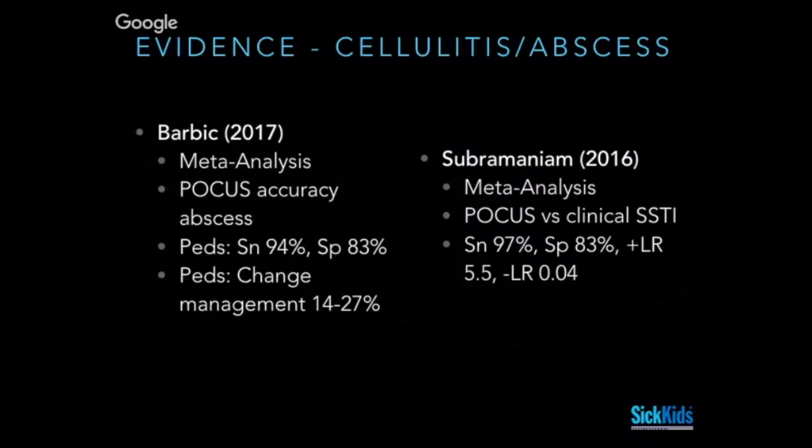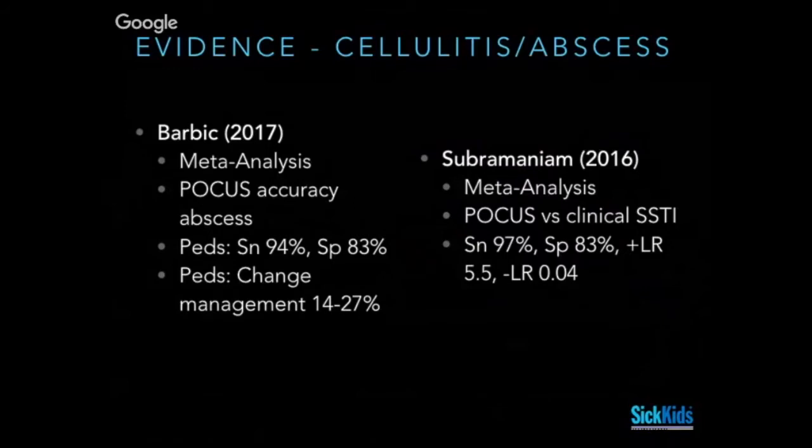That's about a quarter of the time you're changing your management based on your scan, which is a large amount, especially when you're putting kids through painful procedures and sedation that they might not need. So it definitely supports doing POCUS prior to doing any sort of I&D on your cellulitis or abscess, but also when you think there isn't an abscess there, because really there might be, and you might need to change your management.